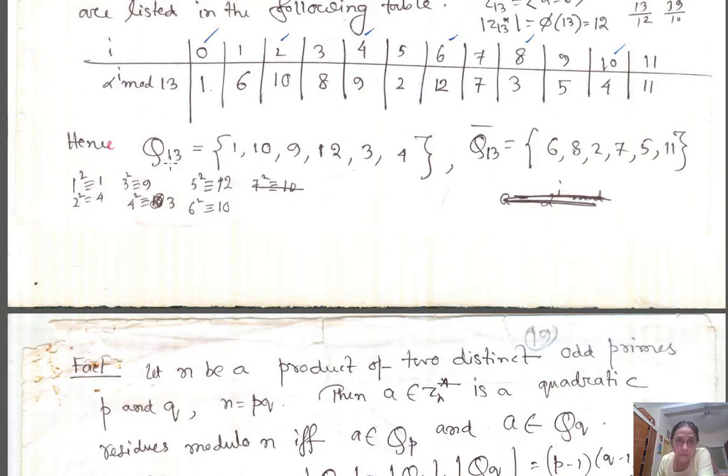So half of the elements in Z13 star are quadratic residues. Z13 star essentially means 1, 2, 3 up to 12, not 0.